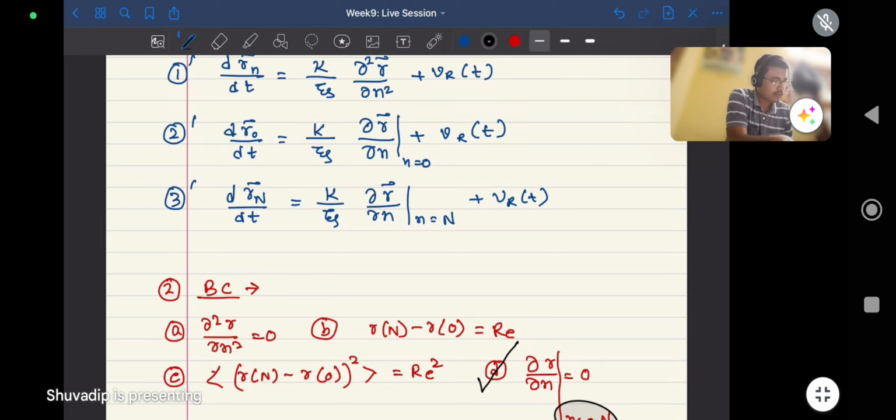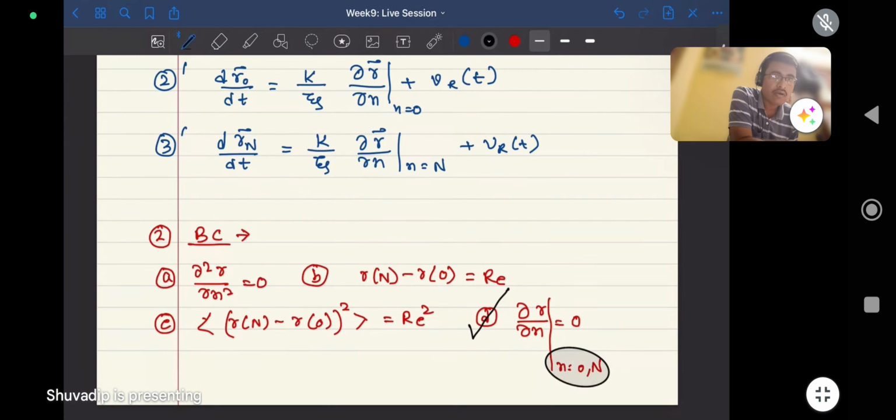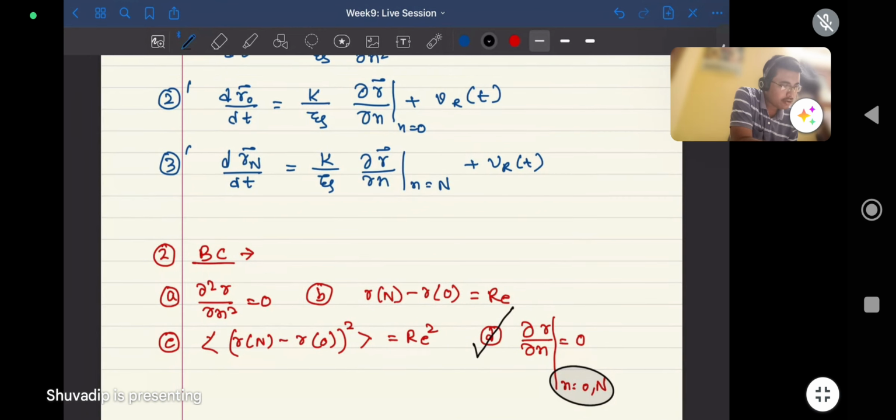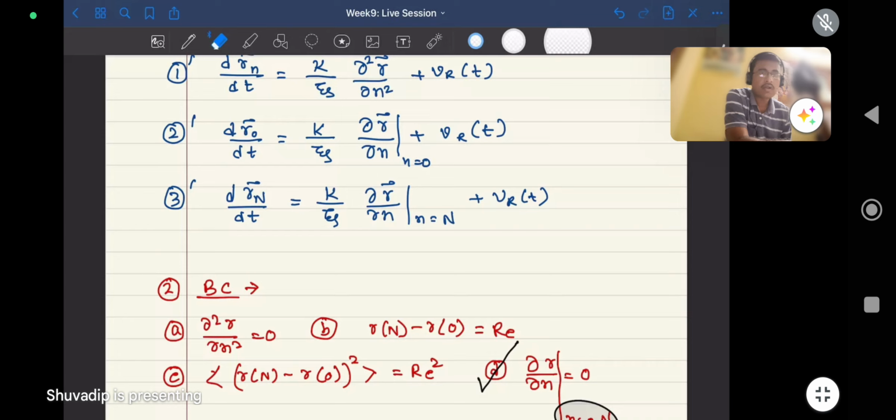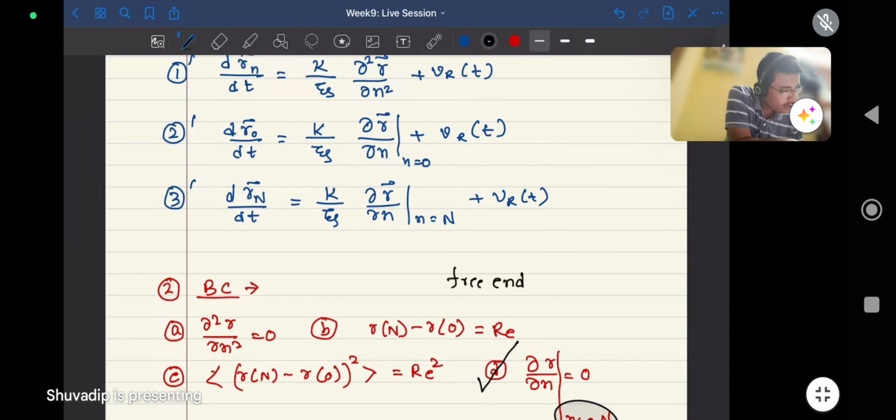This is due to the free end approximation.